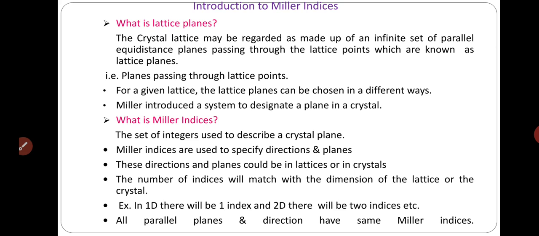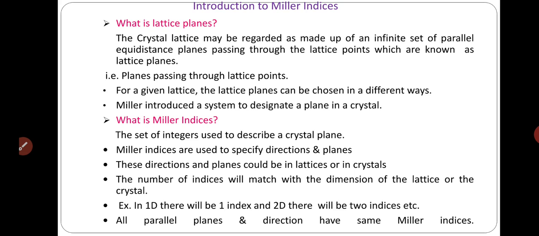Miller indices are used to specify directions and planes. These directions and planes could be in lattices or in crystals. The number of indices will match the dimension of the lattice or the crystal.